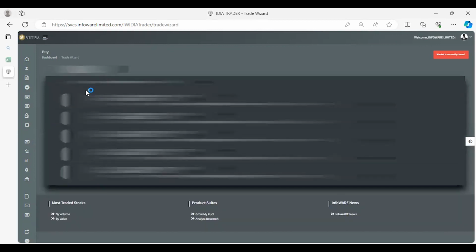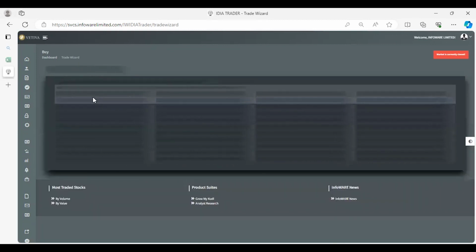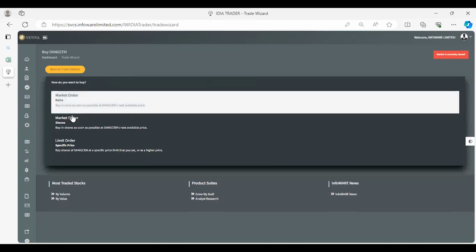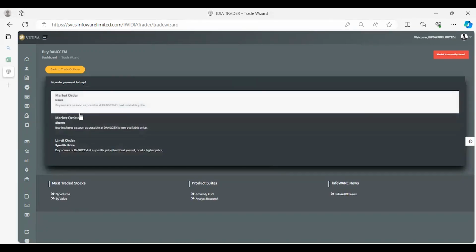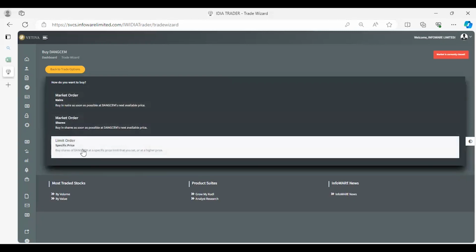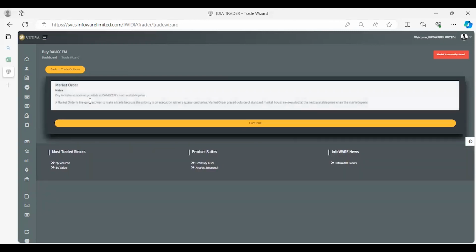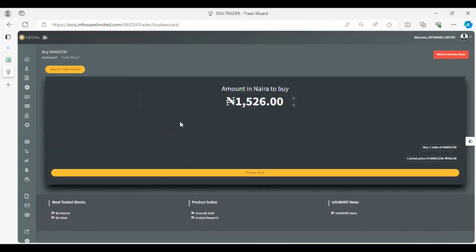And one thing about it is that when I'm trying to sell, for example, and I say Dangote, it's going to walk me through the process of making my limit order, what it means, and different choices for me. And then I can continue and put the amount I want to buy in Naira, whether I'm interested in buying 2,000 Naira worth of stocks.